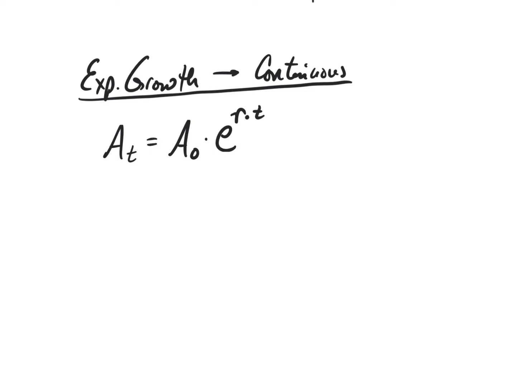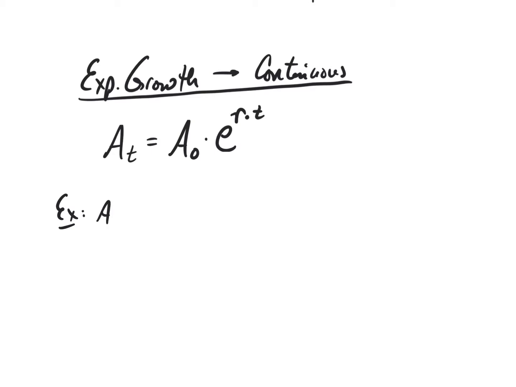R is still going to be the rate expressed as a decimal. T is still the amount of time. But now our equation has actually become a little bit easier to look at. Let me give you an example of continuous exponential growth.